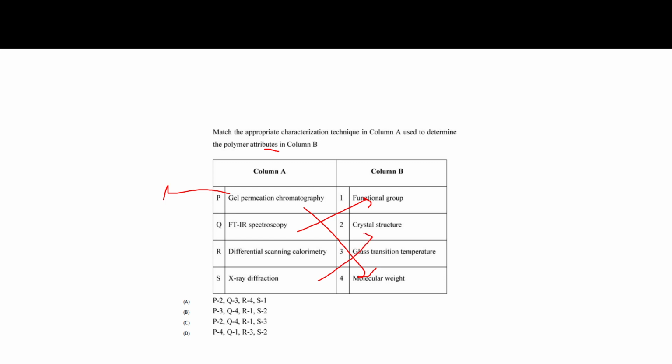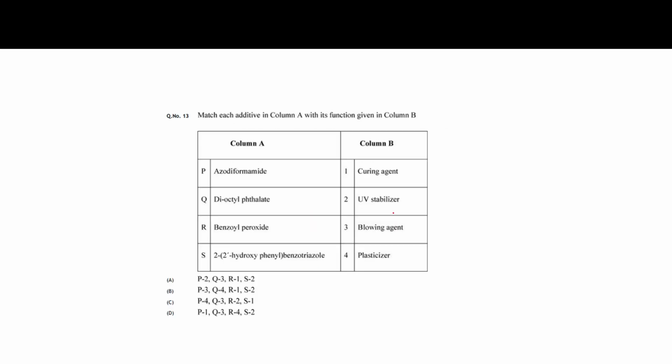X-ray diffraction is the study of crystal structure, and differential scanning calorimetry is for the glass transition temperature. So the right answer will be P4, Q1, R3, that is differential scanning calorimetry DSC for the glass transition temperature, and X-ray diffraction for the crystal structure analysis.